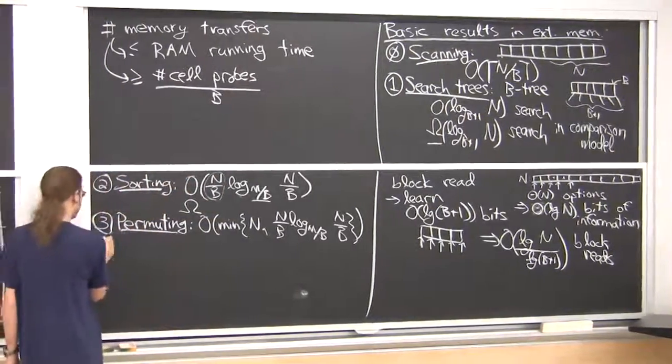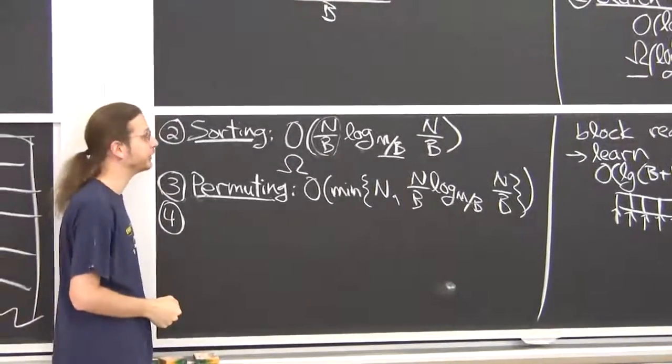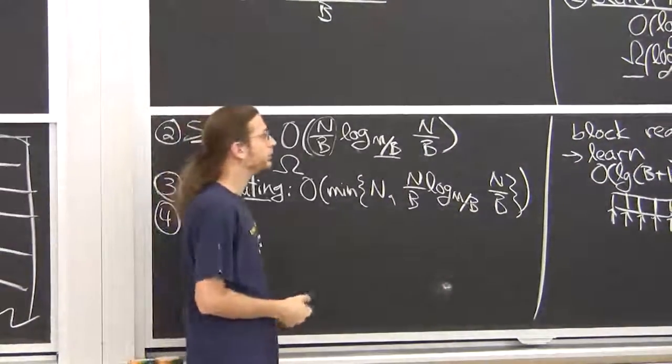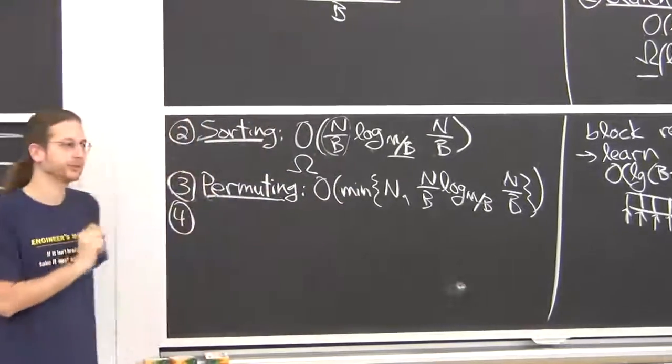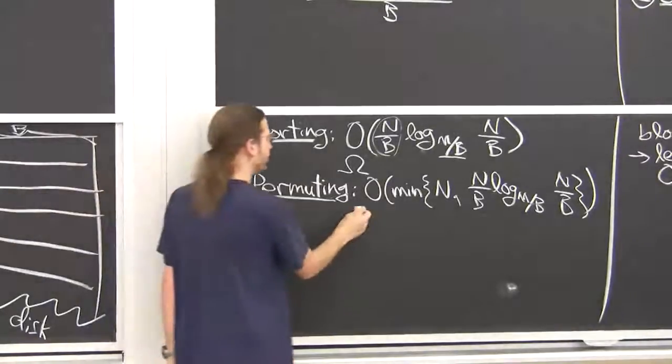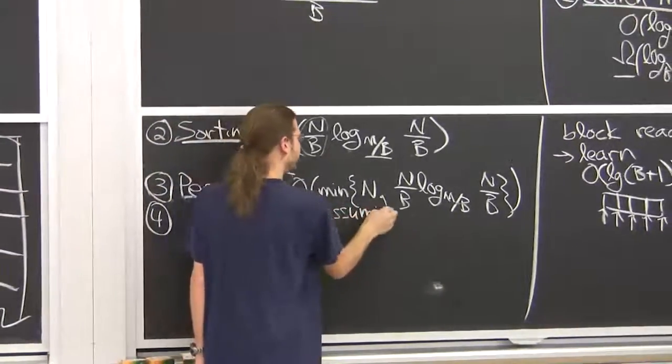Again, there's a lower bound in a model called the indivisible model, which is assuming that each word of your data doesn't get cut into subwords. So this is assuming your words do not get cut up.